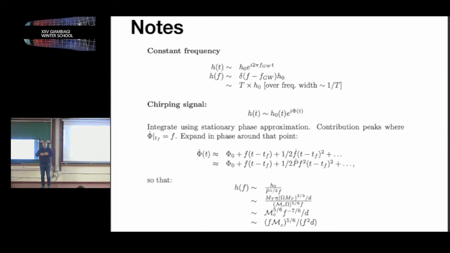So in order to know the amplitude of the gravitational waves at a given frequency, you need to figure out how long this binary has spent there. It's a chirping example, so the thing is changing its frequency. So depending on how much it spends at this frequency, that determines what the amplitude of the gravitational waves is going to be. And the more it spends, the smaller the p dot, the bigger the h of f.